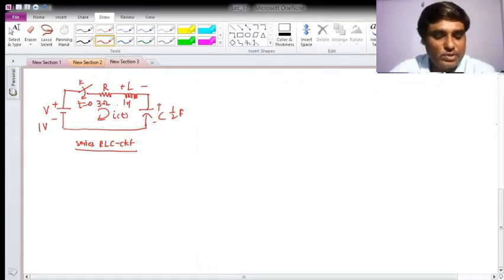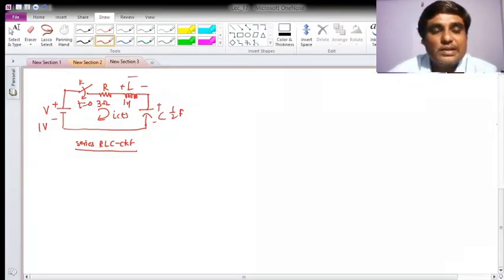Observe that the initial current through the inductor is totally independent of the initial voltage across the capacitor, because the initial condition of L is totally independent of the initial condition of C. These are two independent energy storage elements, that's why the order is 2. If I write the equation also, the order will be 2.